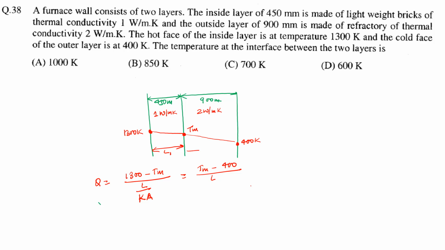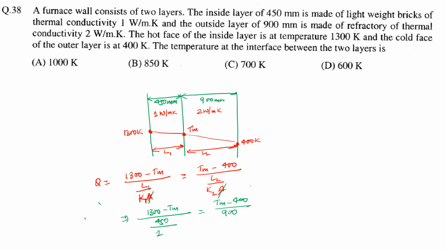We can write L1 and L2, K1 and K2 to differentiate. Because the area is the same, we can cancel it. So now we can write 1300 minus Tm, with L being 450. Let it be in mm only, no issue, because both are written the same way, so the units will cancel. K here is 1, and here it is Tm minus 400 over 900 divided by 2.